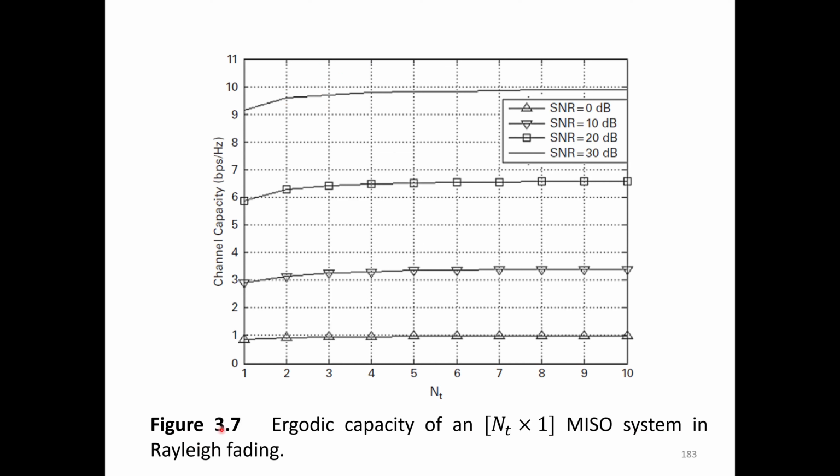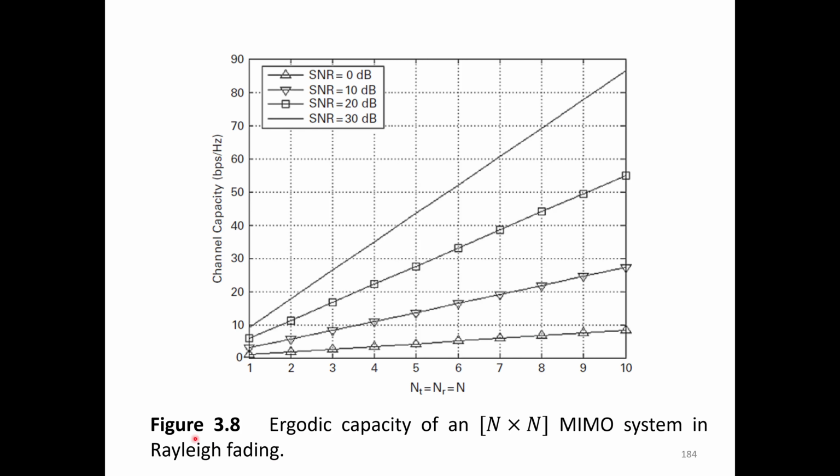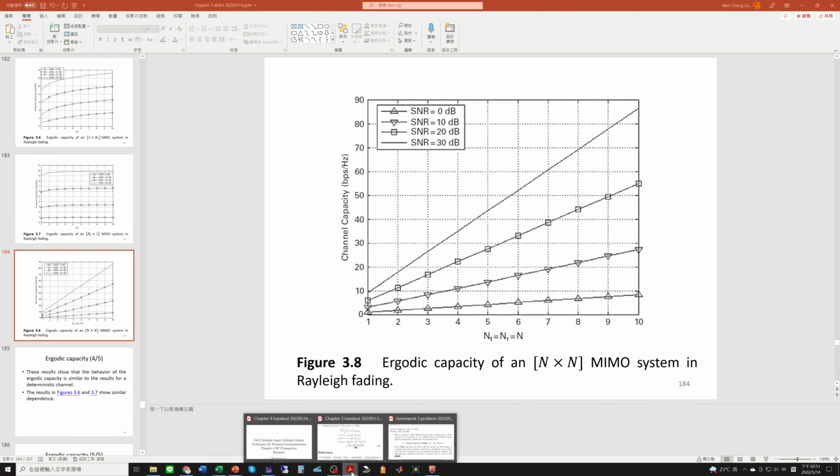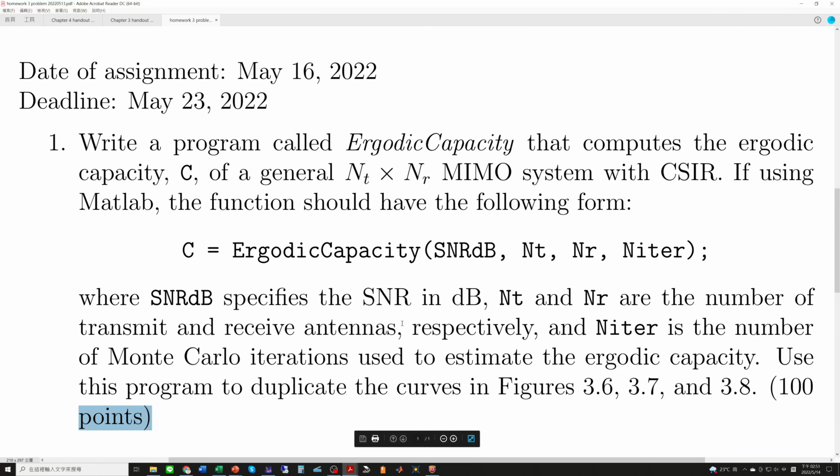Figure 3.7 is the ergodic capacity of an NT by 1 MISO system in Rayleigh fading. Figure 3.8 is the ergodic capacity of an N by N MIMO system in Rayleigh fading. Let us go back to homework 3.